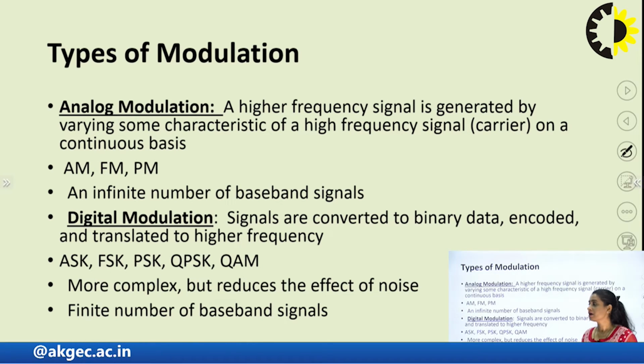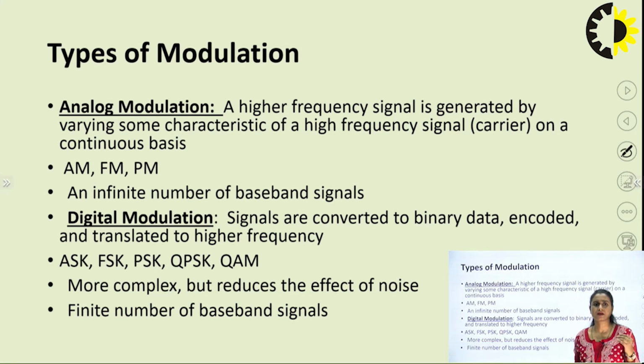If I am classifying modulation on the basis of my input message signal, and my input message signal is an analog wave, I'll call it analog modulation. If my input message signal is digital, with fixed values like 1 and 0 bits, then that kind of modulation will be digital modulation.